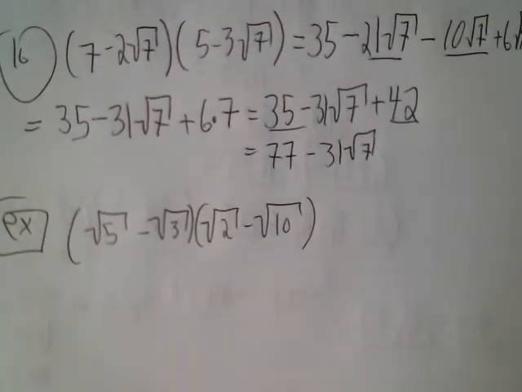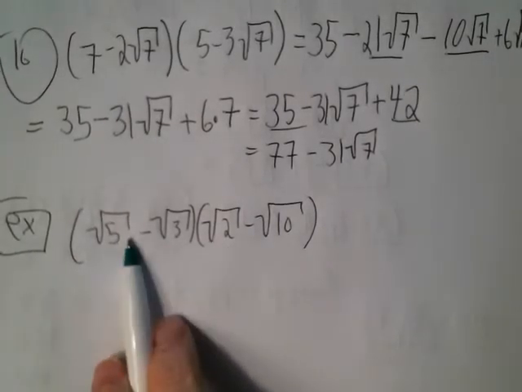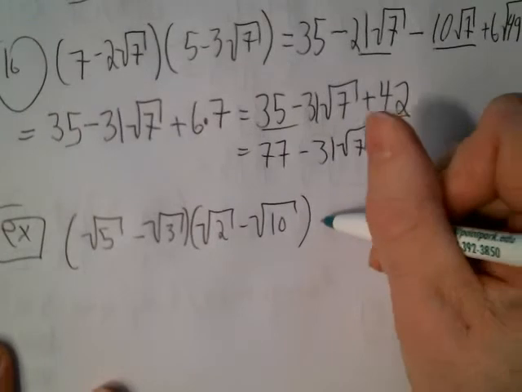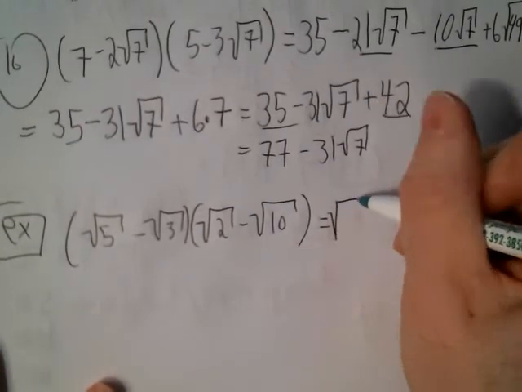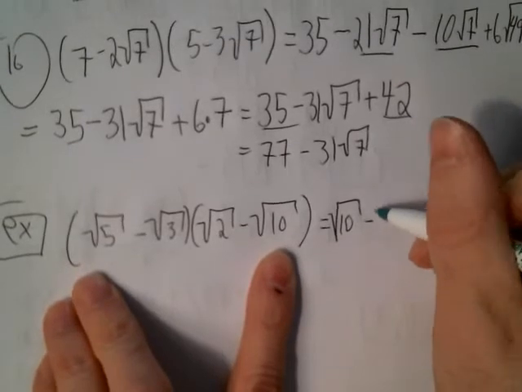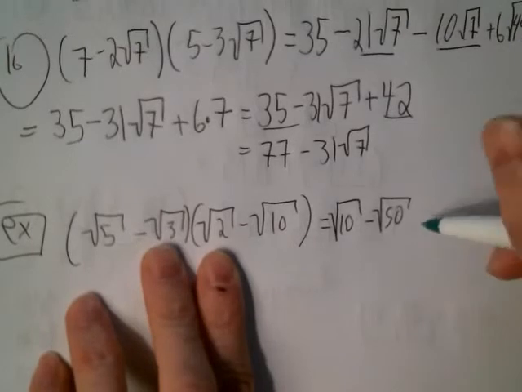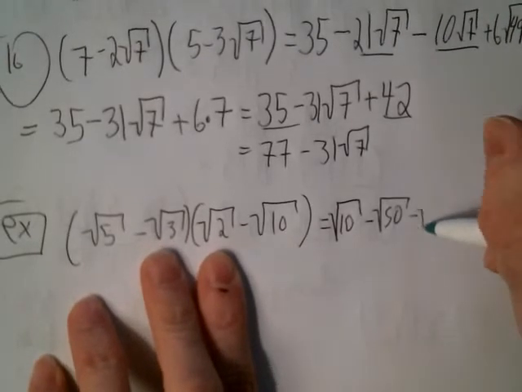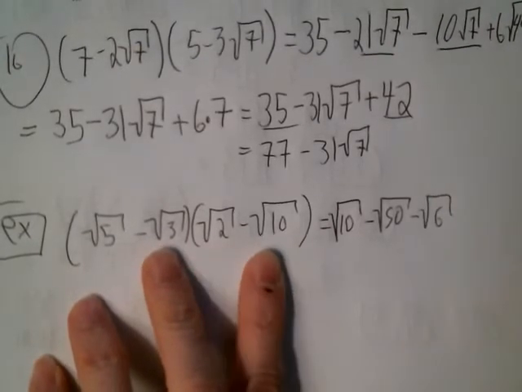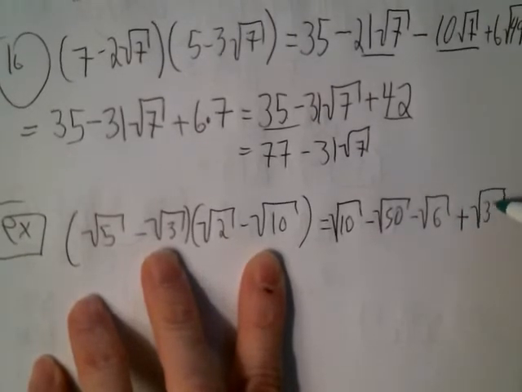Okay, we'll do FOIL, and when you multiply out radicals, just keep the radical but multiply out the guts. So we'll have for the first radical 10, then the outer minus radical 50, for the inner radical 6, and then the last, negative times negative, positive radical 30.